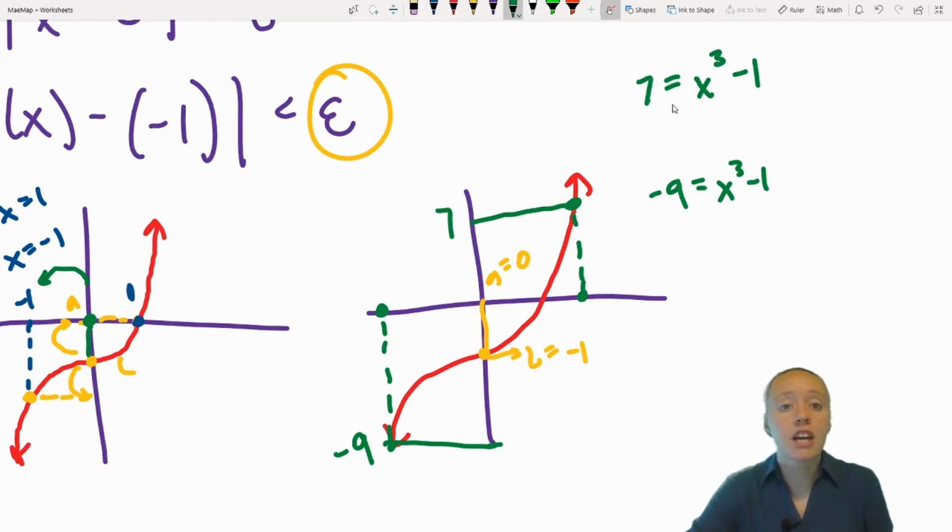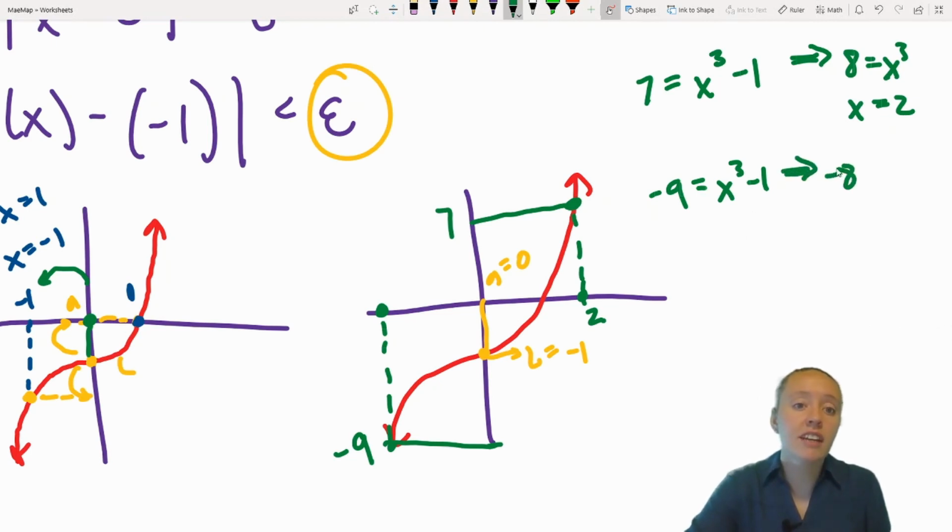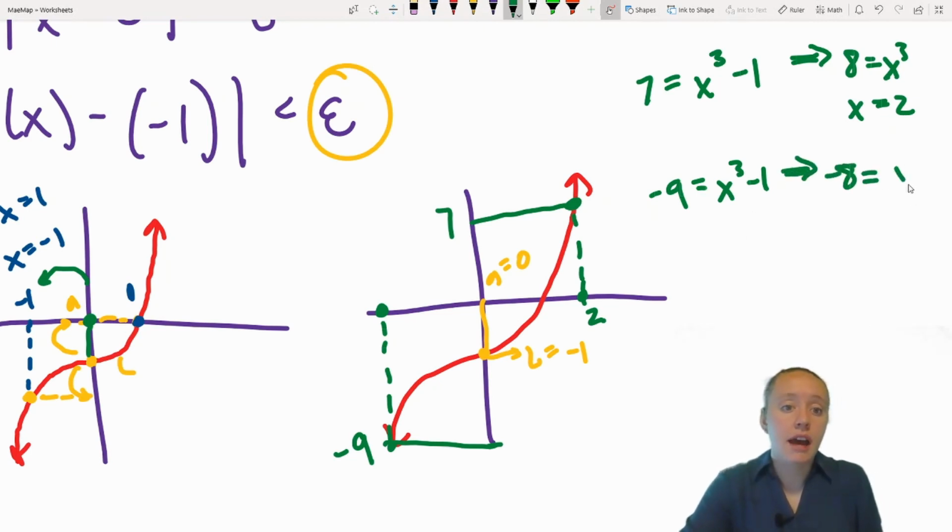Adding 1 to the other side, I'll get that 8 equals x cubed, and the cube root of 8 gives me that x equals 2. So I know this x value here is 2. Now when I add 1 to the other side, I get a negative 8. So now I'm going to have that negative 8 equals x cubed.